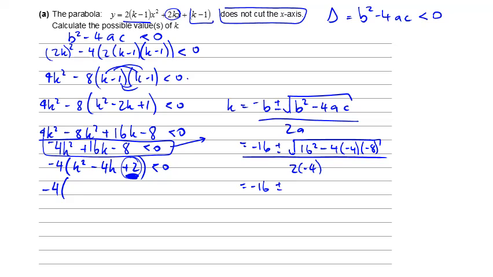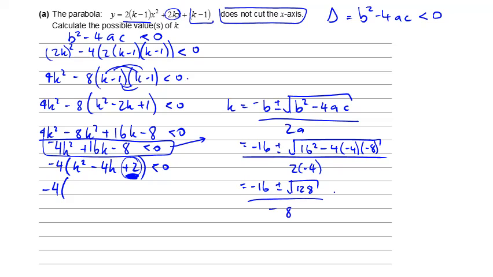Negative 16 plus or minus the square root of, get my calculator here, 16 squared minus 4 lots of negative 4 lots of negative 8. That's going to be 128, all over negative 8.